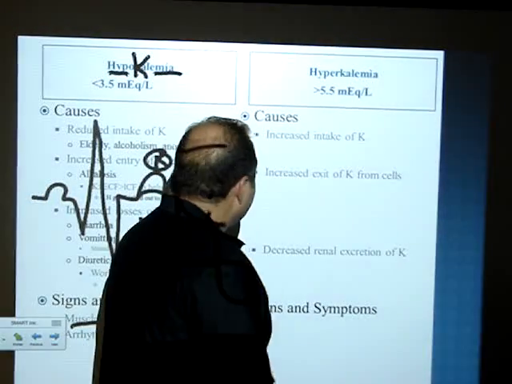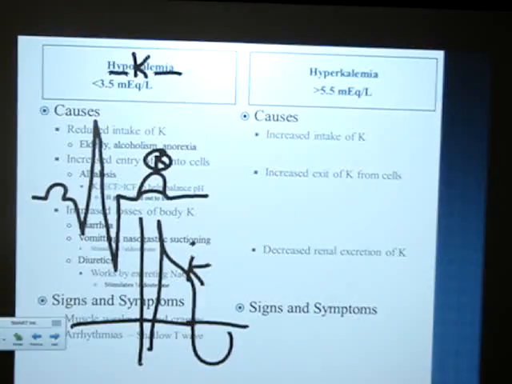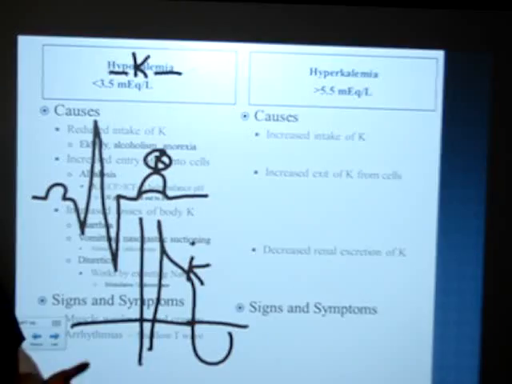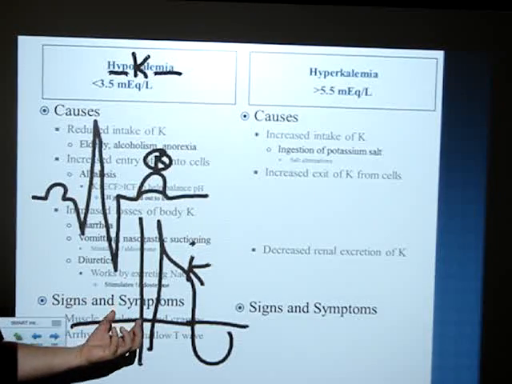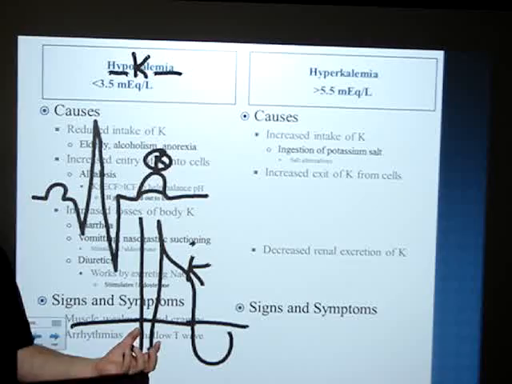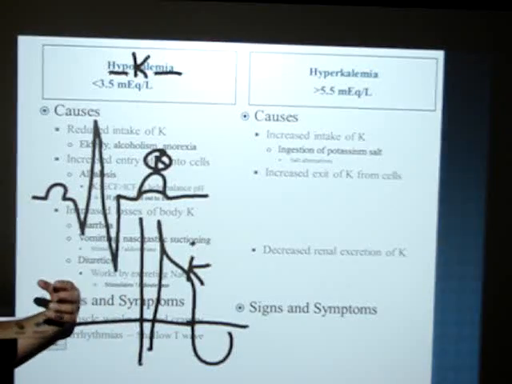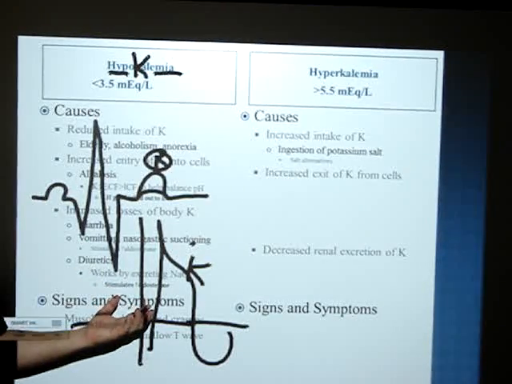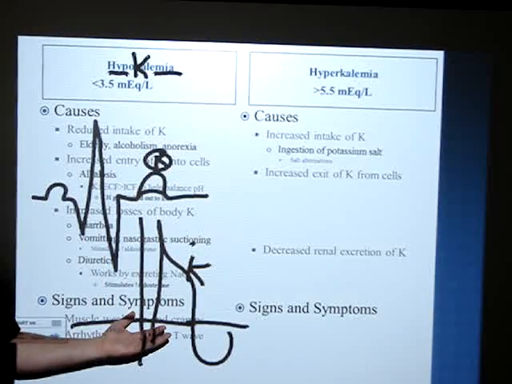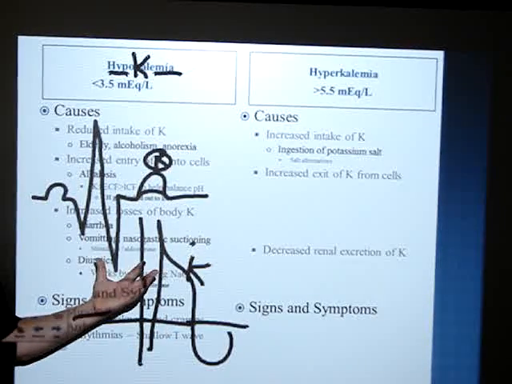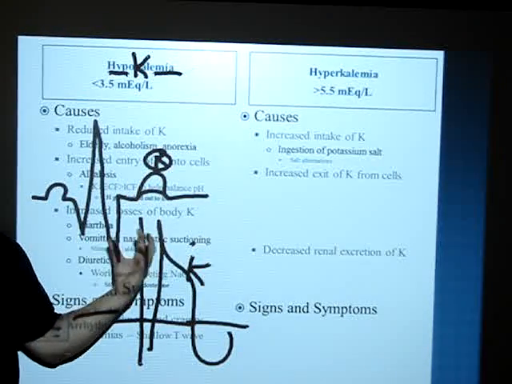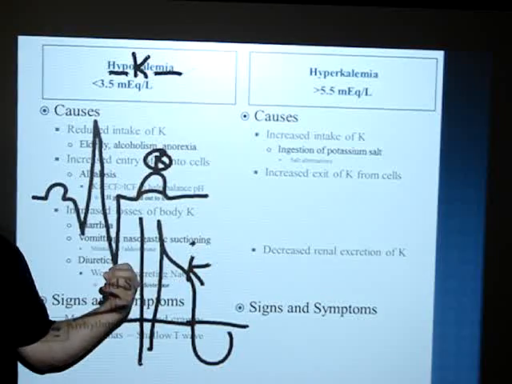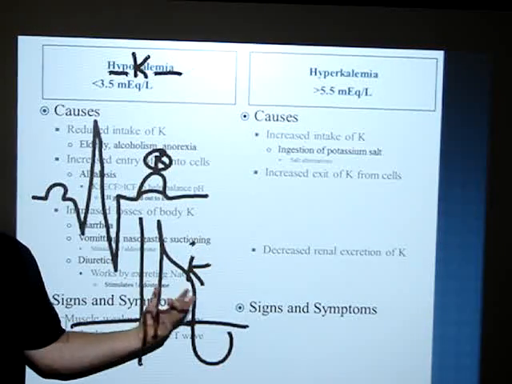All right, let's look at why would you have too much potassium. Okay, well, duh, you took too much of it in. You had a whole bunch of potassium salt. Who the heck overdoses on potassium salt? Well, lately a lot of people, because now we have those waters, those natural waters that have no sodium, right? Well, again, like I did earlier, many people just use sodium and salt synonymously.